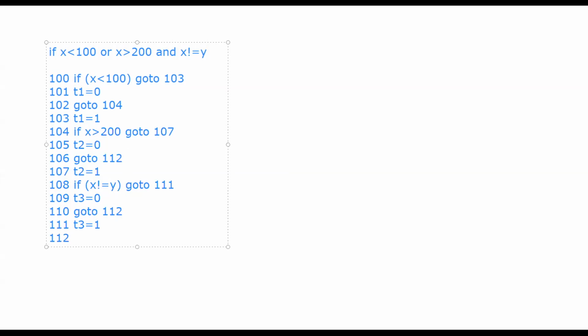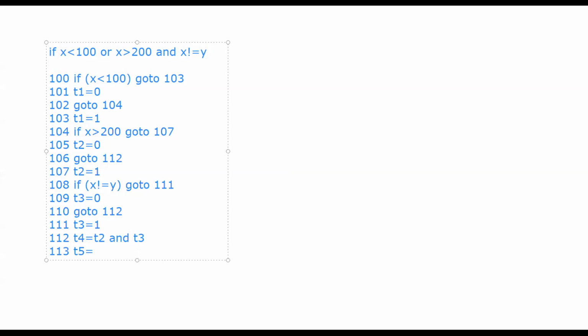What have I written at 112? T4 equals T2 AND T3. T2 is the first AND condition, x is greater than 200, and T3. Fine. And what is written at 113?